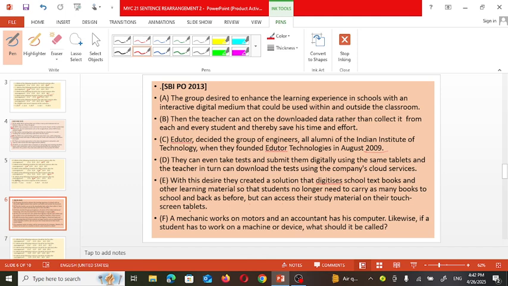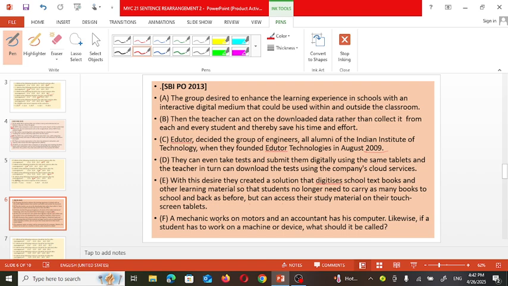Now, while reading also, you are able to relate that this statement E supports this A statement. Okay, and this B statement supports this B statement, but still we are not able to get which should be the first one. So here, let's see the last statement.